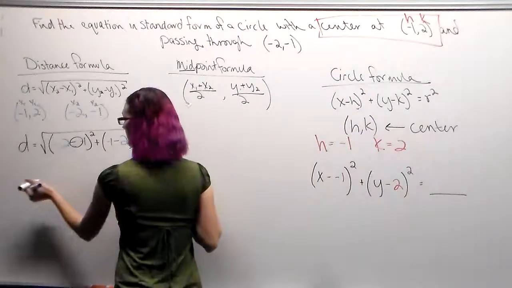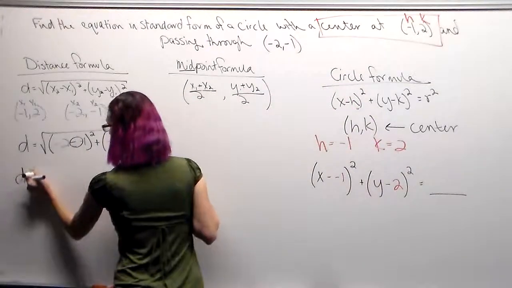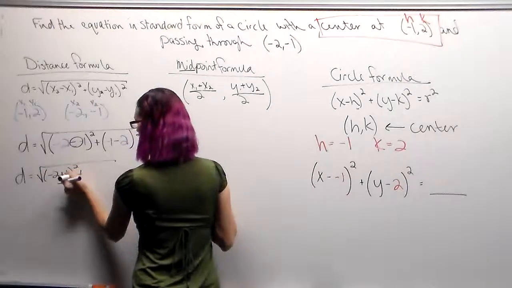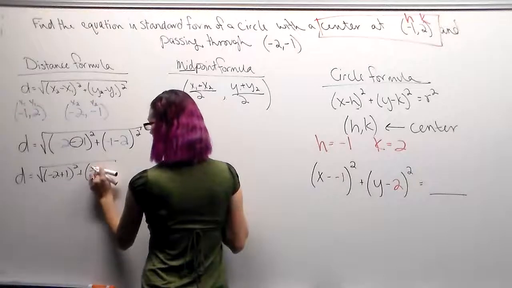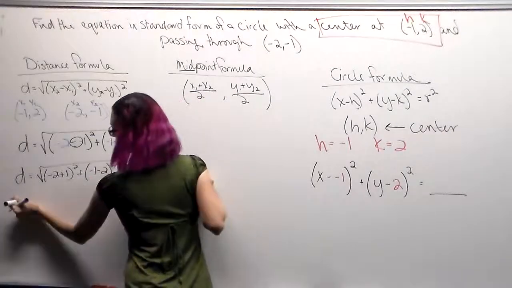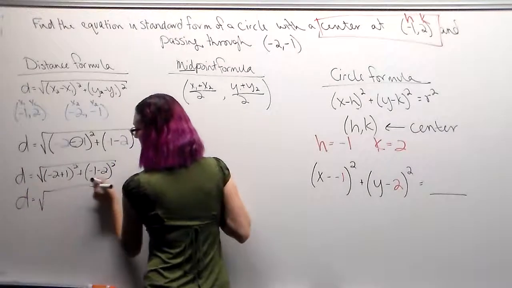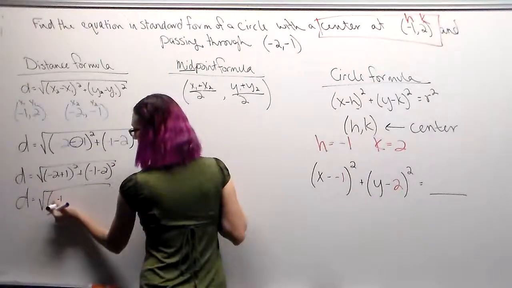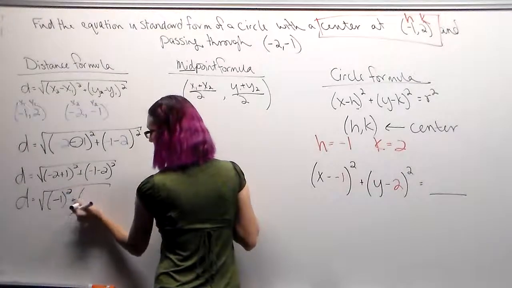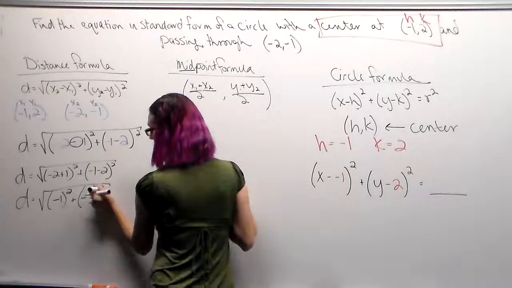Simplify your double negative. We've only got one right now. -2 plus 1 squared, -1 minus 2 squared. And then simplify the arithmetic. -2 plus 1, that's -1 squared. And -1 minus 2 is -3 squared.